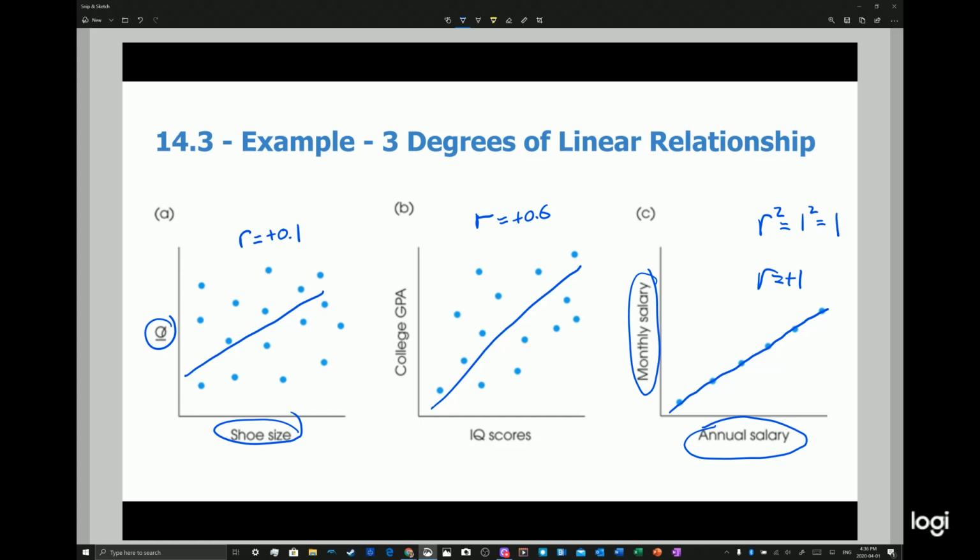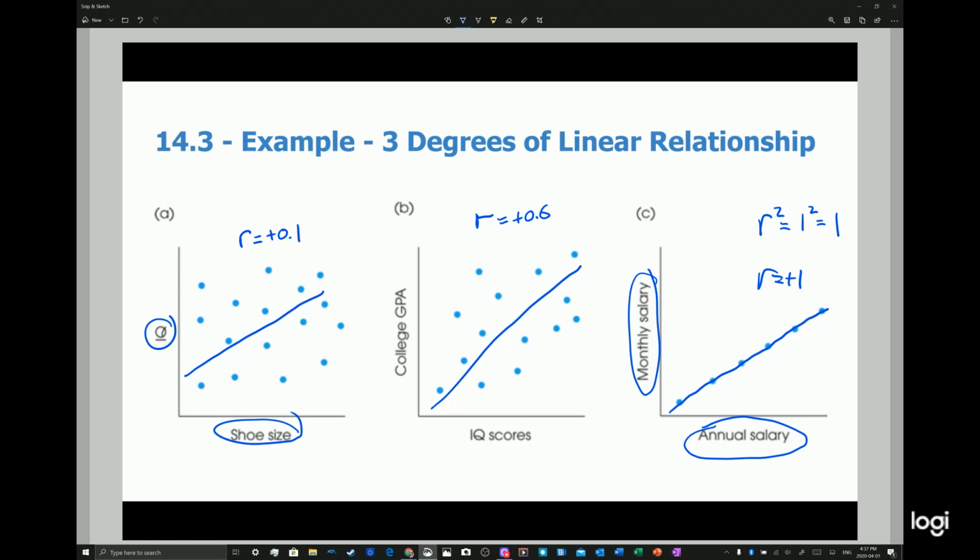Because it's a perfect positive correlation, as strong as it can get, positive 1, the variability in annual salary explains the variability in your monthly salary. Their covariance, or covariability, explains how they both change. As one goes up by 1 point, the other goes up by 1 point. So when you square that value, you still get 1.